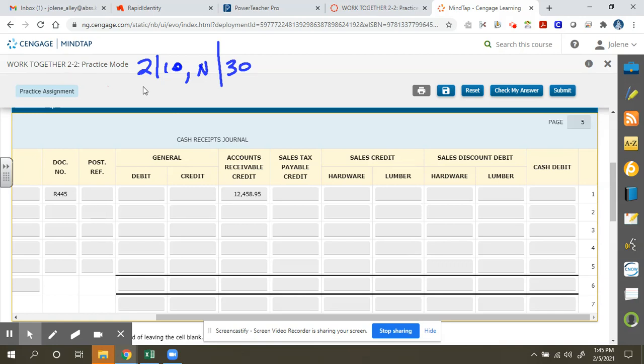$12,458.95 times 2% gives their discount right here, sales discount debit, and it says on lumber. So their discount is $249.18. So how much did they write their check for? Well, let's just subtract the discount. You all know that a discount means just that, it's discounted, so you have to take the discount off.